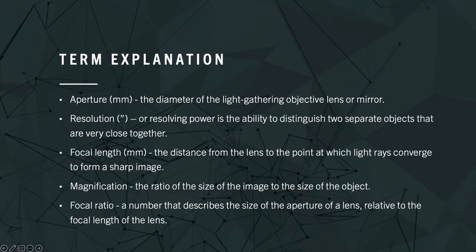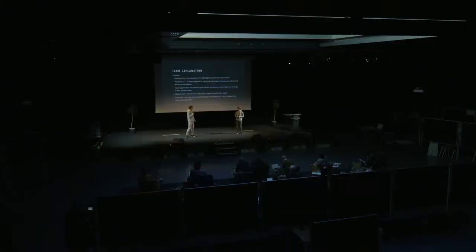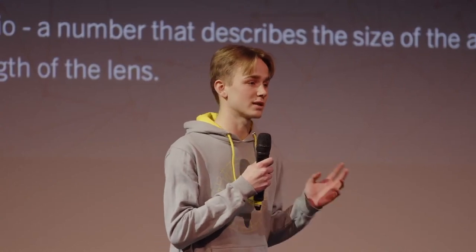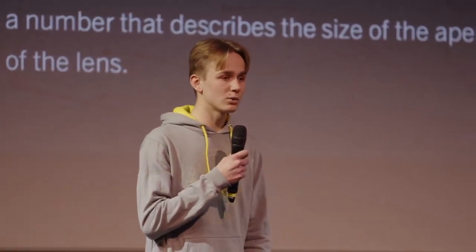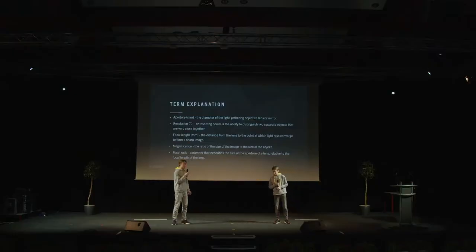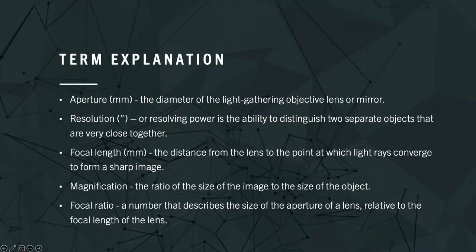So, aperture is the diameter of the light-gathering objective or the lens, which is expressed in millimeters, and the resolution or resolving power is expressed in arc seconds, which is a unit of an angle, and it is the ability to distinguish two objects that are close together as two different objects.